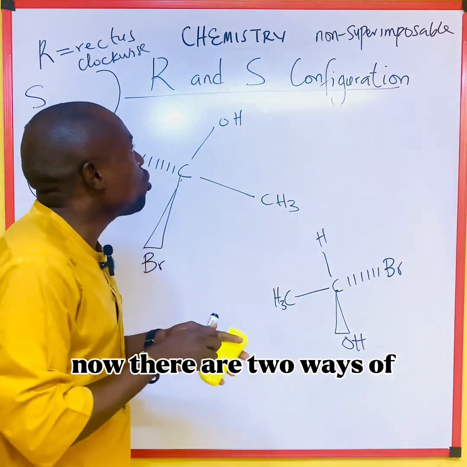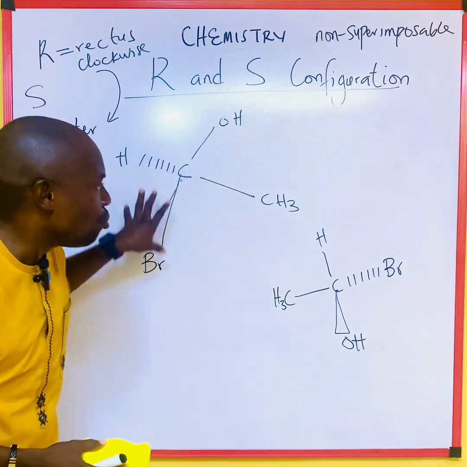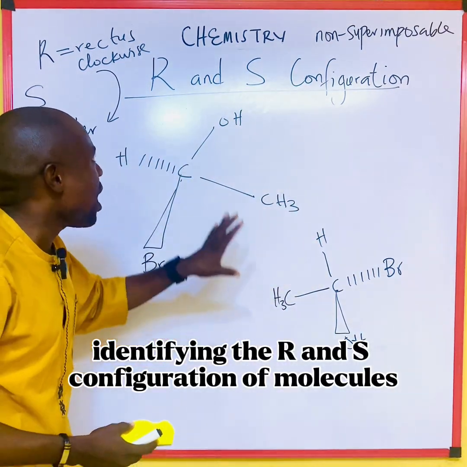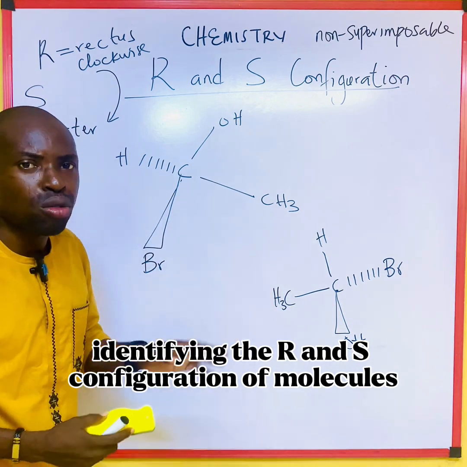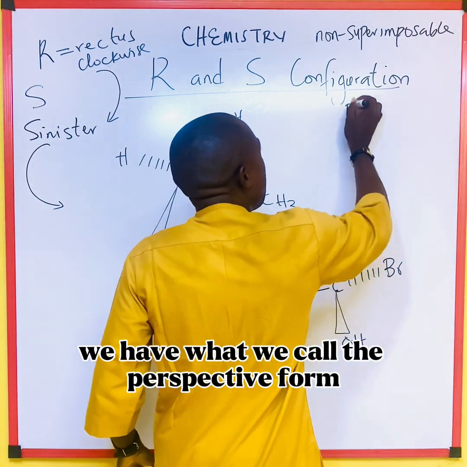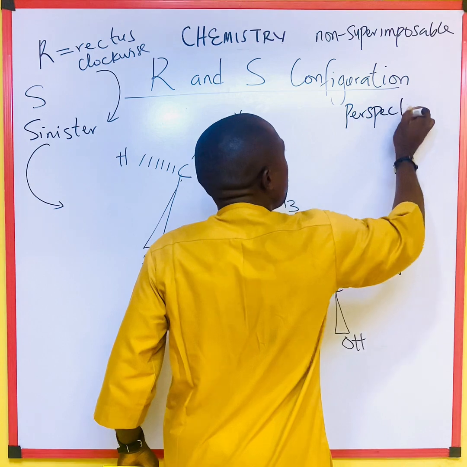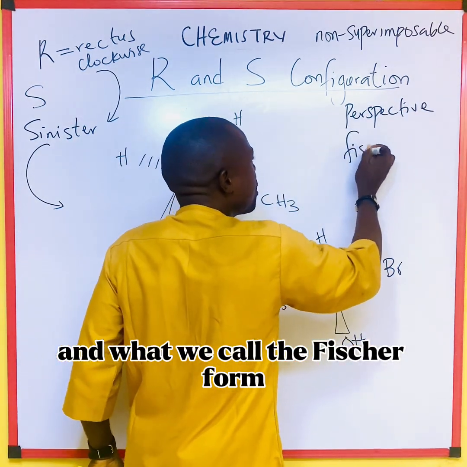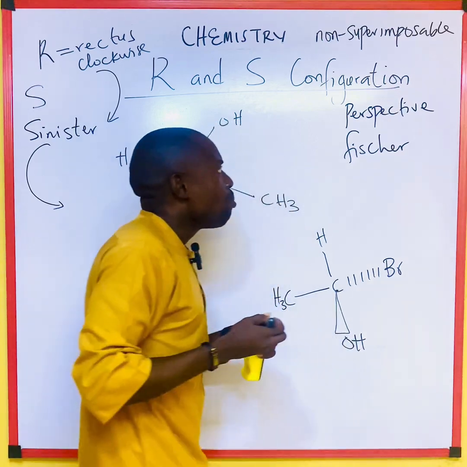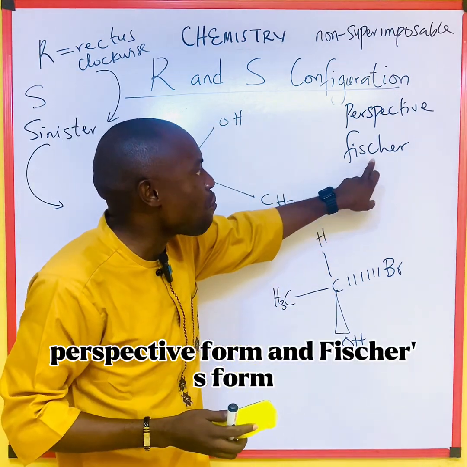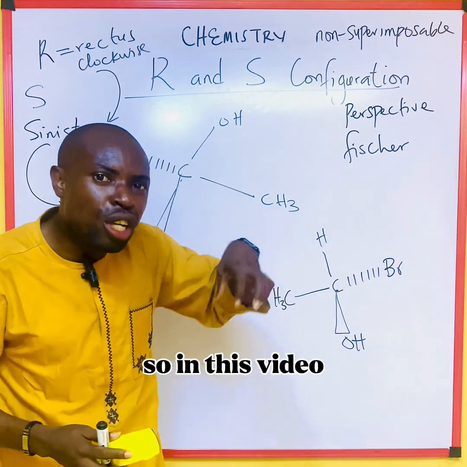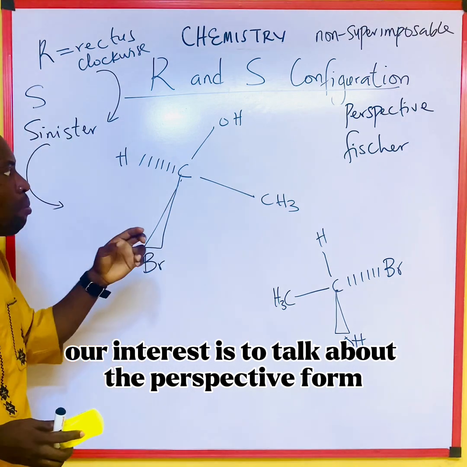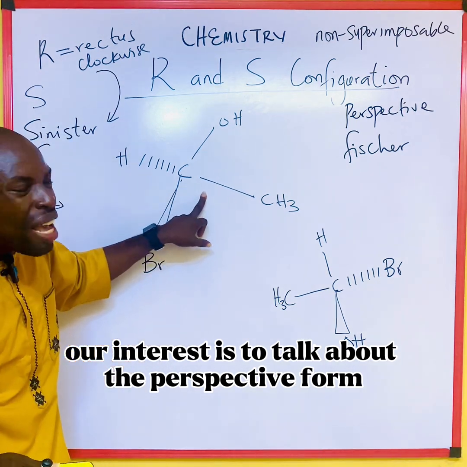There are 2 ways of identifying the R and S configuration of molecules: the perspective form and the Fischer's form. In this video, our interest is to talk about the perspective form.